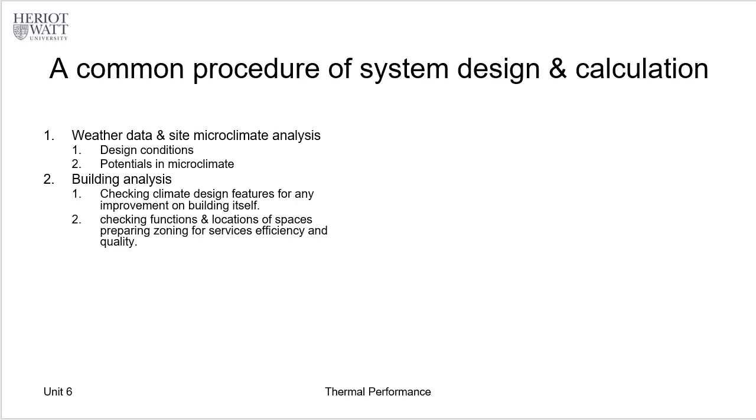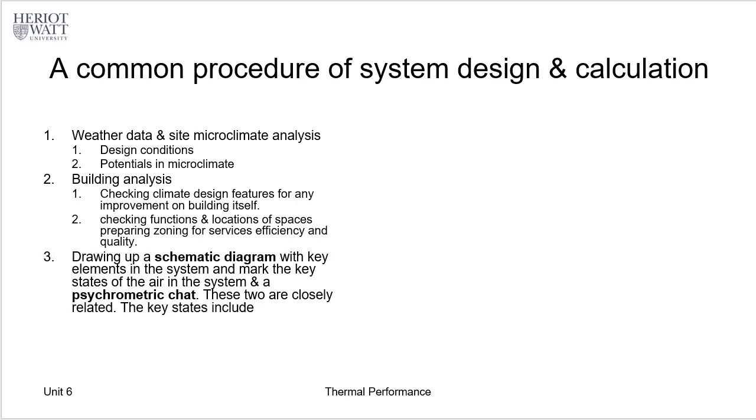So therefore, we can group all those spaces which share the same features, such as functions as cellular offices, and share the same features of occupancy and orientation and so on. So therefore, we put them into one zone, and then another zone according to their own characteristics, functions, and so on. So we can make the best service for each zone for the quality and for occupancy.